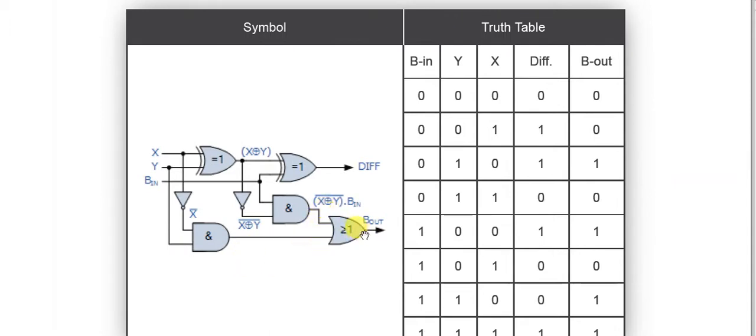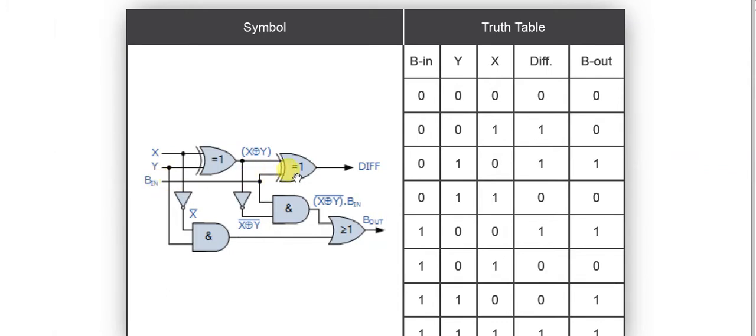Again, you can see that this is the first half subtractor, this is the second half subtractor. So the two inputs and one borrow in input, which is fed directly to the second one, and then obviously these AND gates are there.